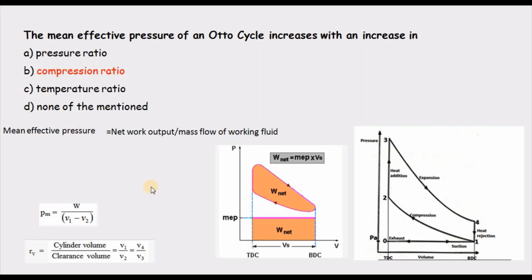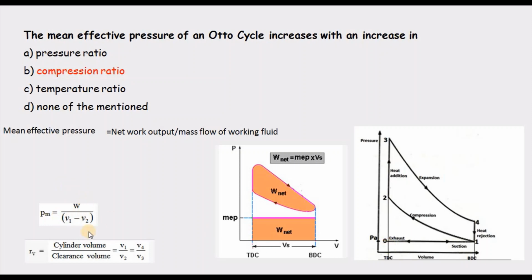As we have seen in the last slide, PV work gives the net work. So the mean effective pressure is equal to the net work divided by the change in volume V, that is, P is equal to W divided by V1 minus V2, where V1 indicates the cylinder volume and V2 indicates the clearance volume.